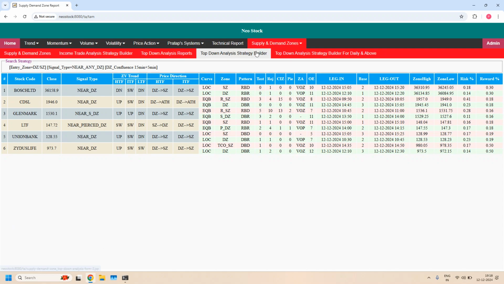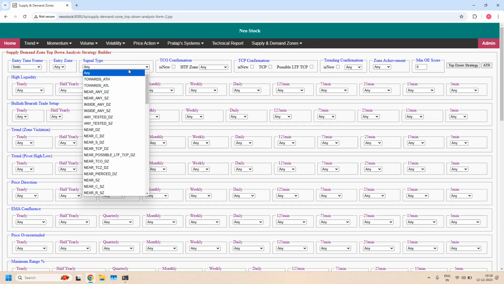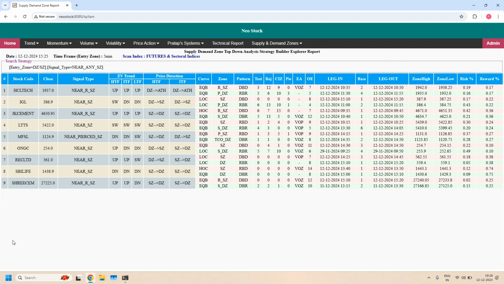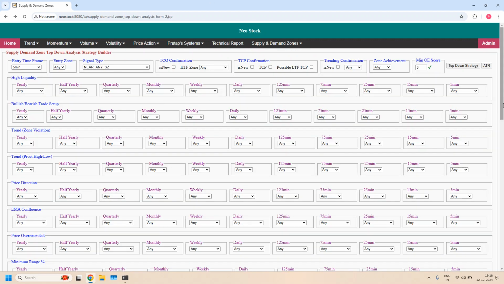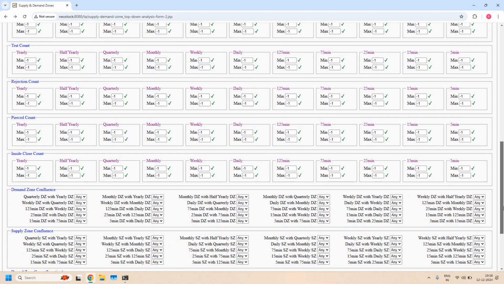Okay, next for 5 minutes time frame, stocks near 5 minutes supply zone, we got 9 stocks. Out of these 9, how many are having ITF supply zone confluence? Let us filter. In the supply zone confluence, 5 minute supply zone with 15 minute supply zone confluence, I am enabling the filter.